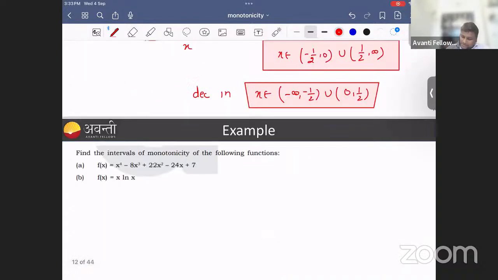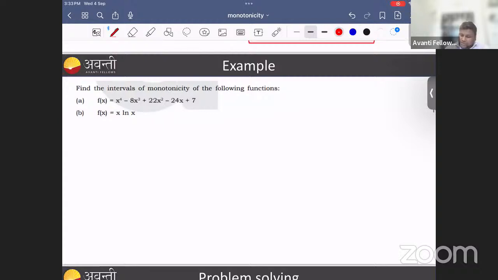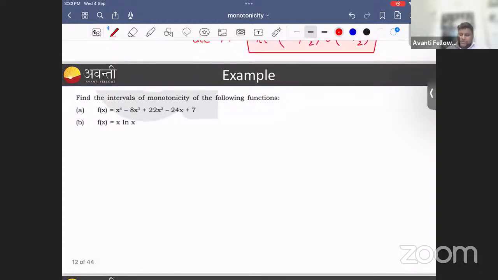Well, next. Find the interval of monotonicity for the following functions. Now see, f(x) is given to you as x to the power 4 minus 8x cube plus 22x square minus 24x plus 7. Got it? If I find f dash x here, it will be 4x cube minus 24x square plus 44x minus 24.